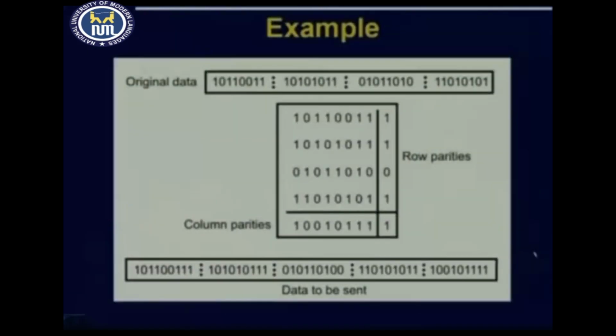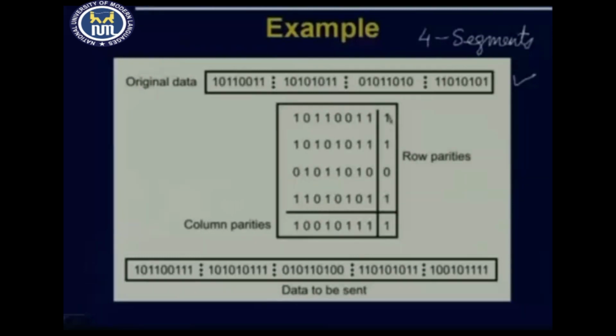So let's check an example of exactly how it works. This is the original data. Here we have divided the data into 4 octets, which are called blocks. So we have 4 blocks or segments. Then they are organized in the form of a table. We have 4 rows, which basically belong to the segments. For this particular row, the even parity is calculated over 1, 2, 3, 4, 5 bits, and this is the 6th bit.